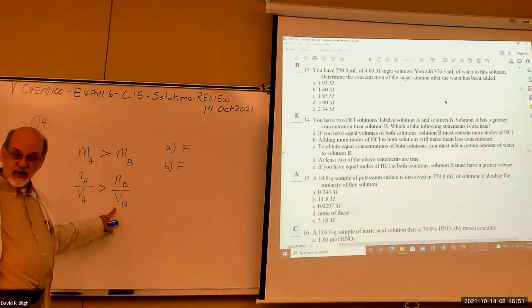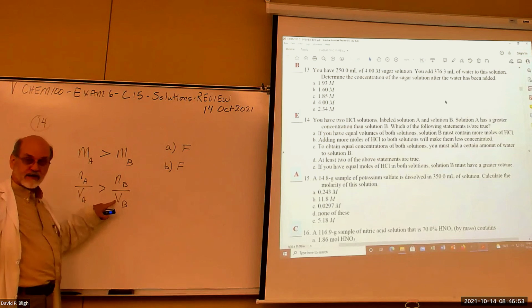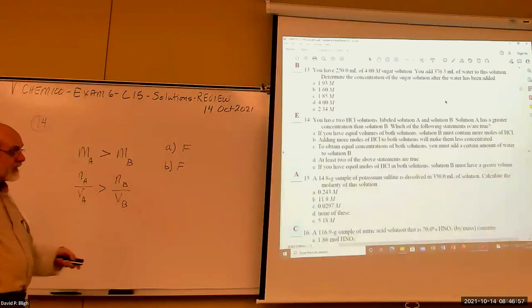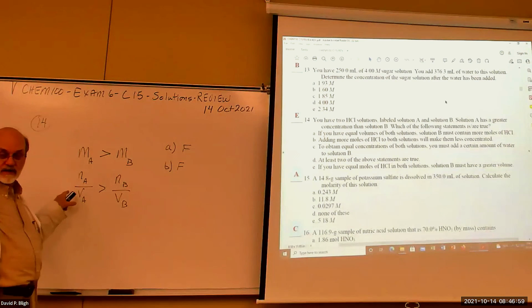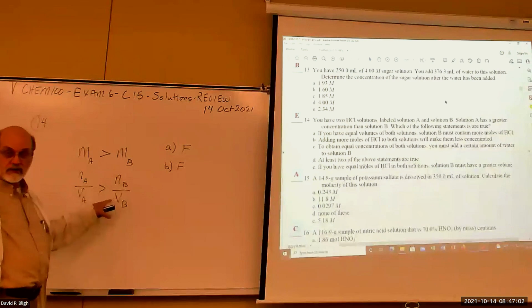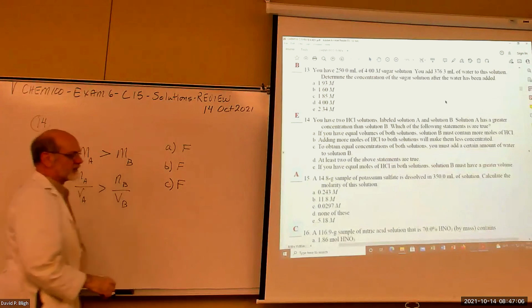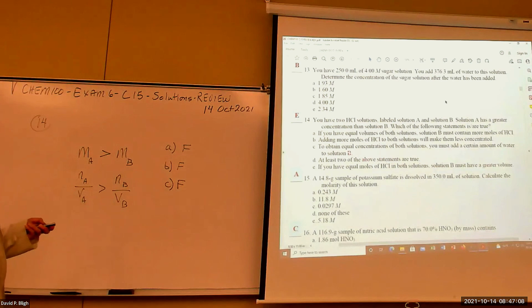C: To obtain equal concentrations, you must add a certain amount of water to solution B. What happens to B if you add water to it? If you increase the volume, it makes it less concentrated. So it's never going to have the same concentration as A if you keep diluting it. C is false. D: At least two of these above are true. Well, no, it can't be because they're all false. How about E? Well, E is the only one left.